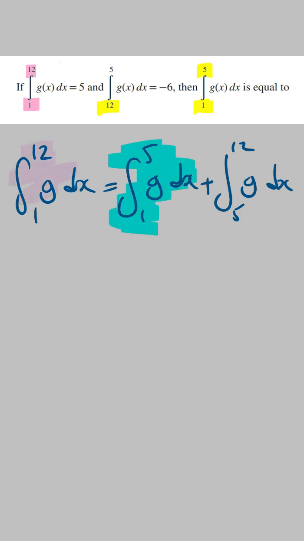We're told that this integral is equal to 5. And we're told that the integral from 12 to 5 of g of x is equal to minus 6. But looking at the integral that we've got from 5 to 12.